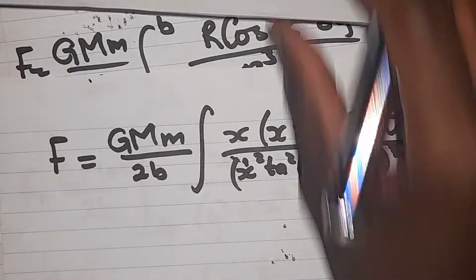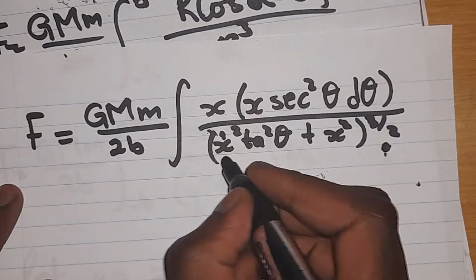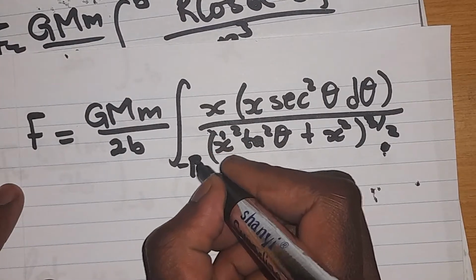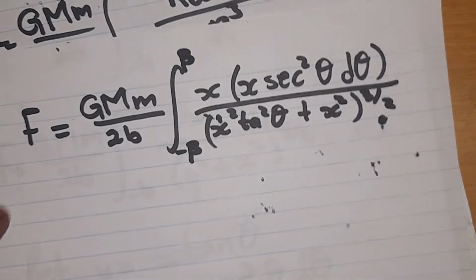So our limits of integration will be from negative beta to beta.